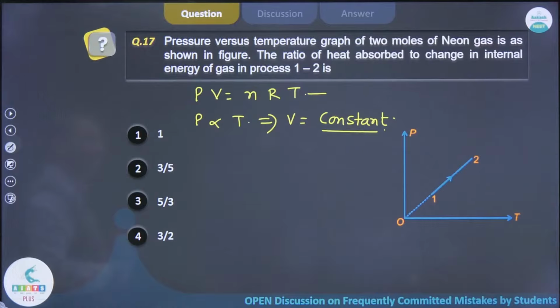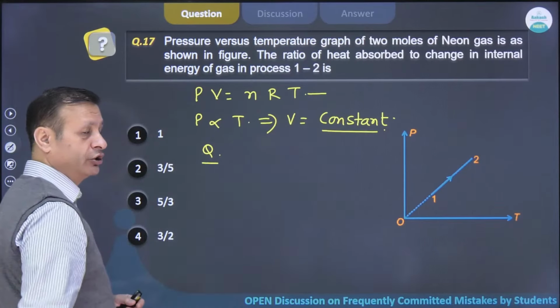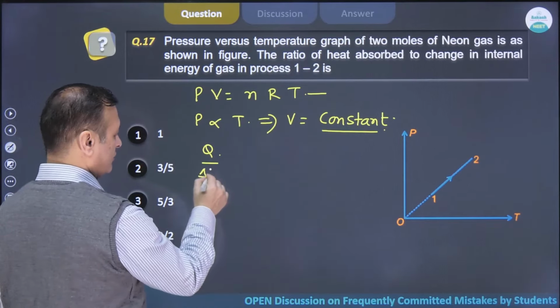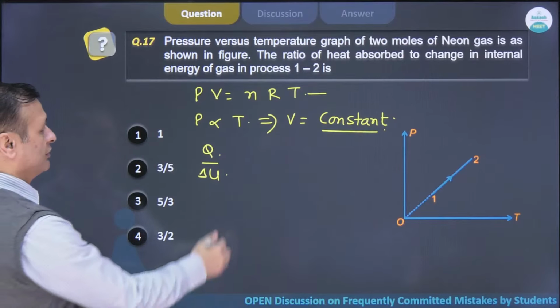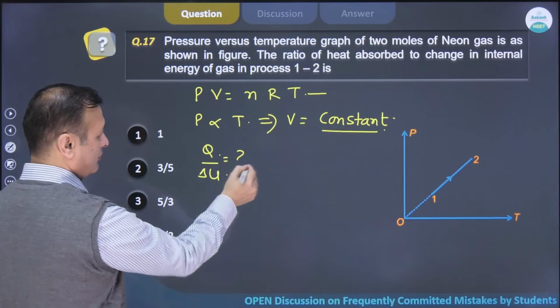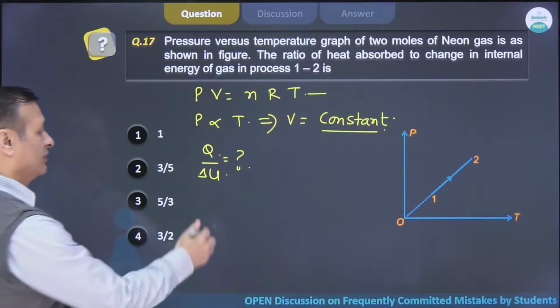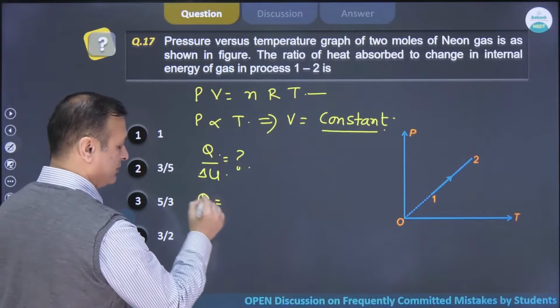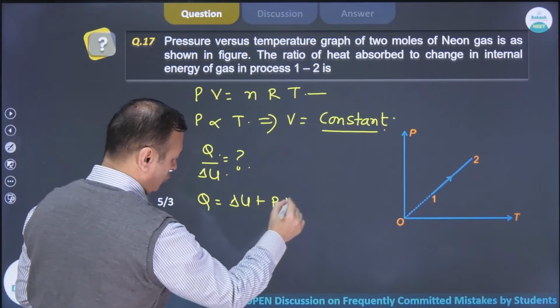Now we have to find the ratio of the heat absorbed, that is Q, and the change in internal energy, delta U. Got it? So this is the ratio we are supposed to find. If I simply apply the first law of thermodynamics, the heat supplied gives you change in internal energy plus pressure-volume work done.